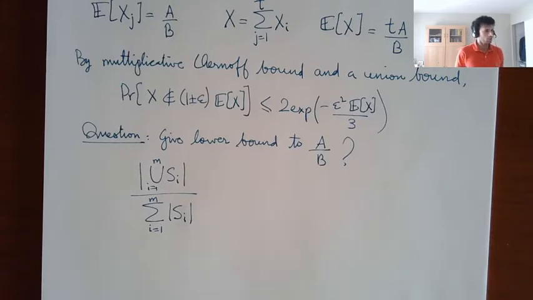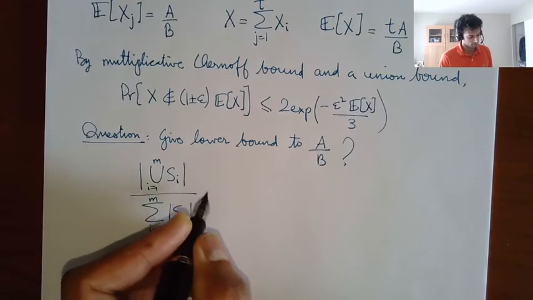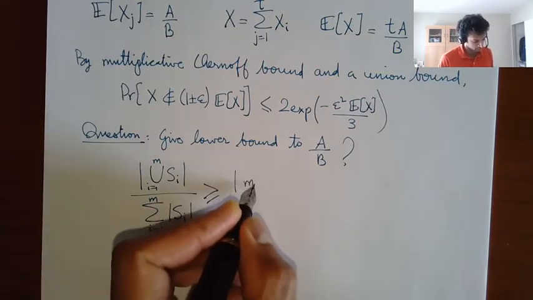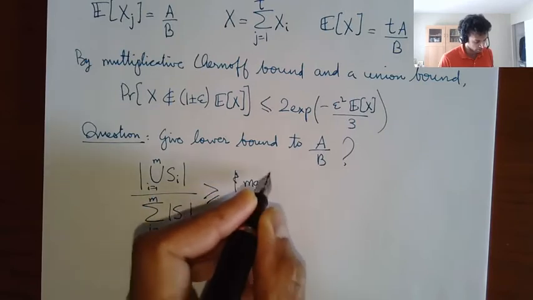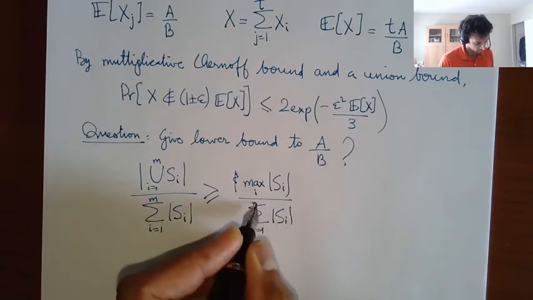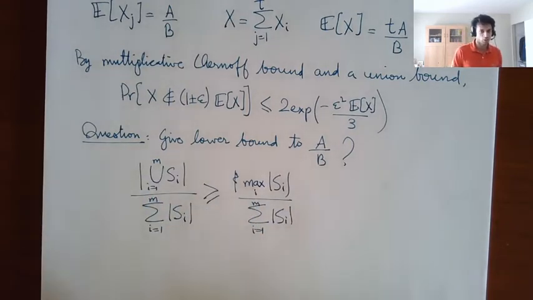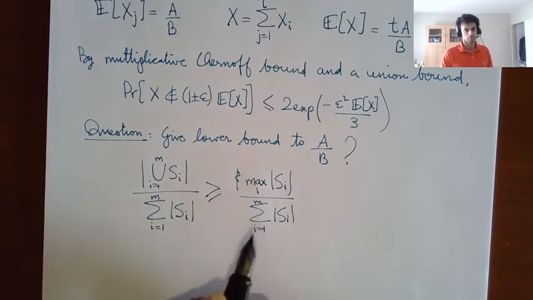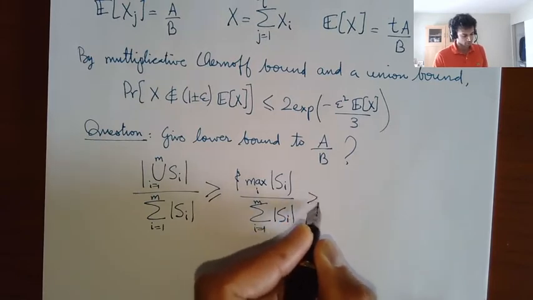Okay, good. And so what is the lower bound you get? 1 over m. Because I can just look at the largest size over here. I can lower bound the union by the largest size, and this is clearly at least 1 over m.